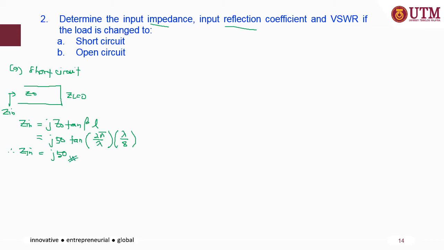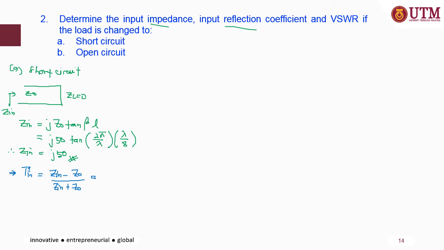Okay, next the input reflection coefficient. So reflection coefficient input equal to, again write down the general equation, Zin minus Z0 divided by Zin plus Z0.